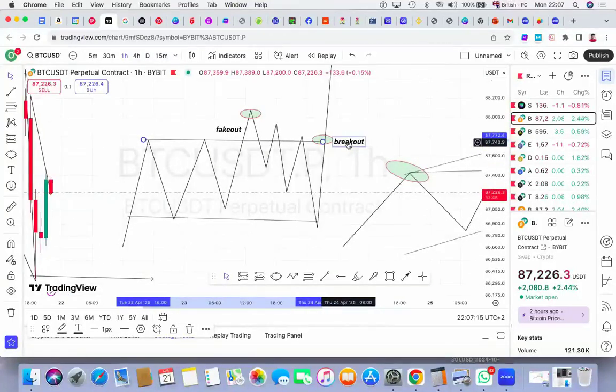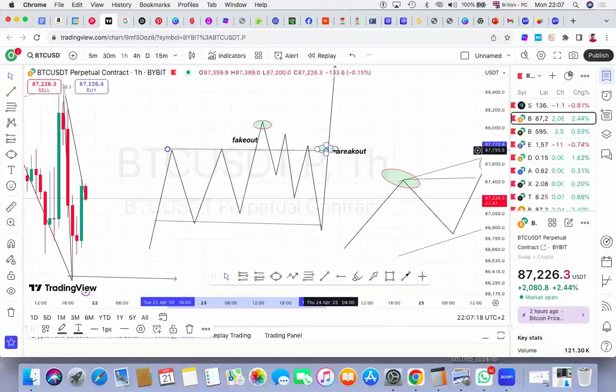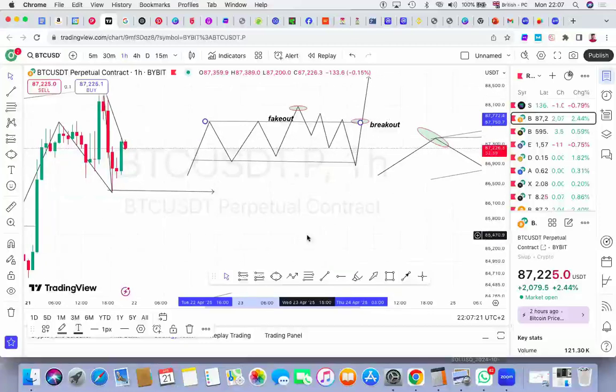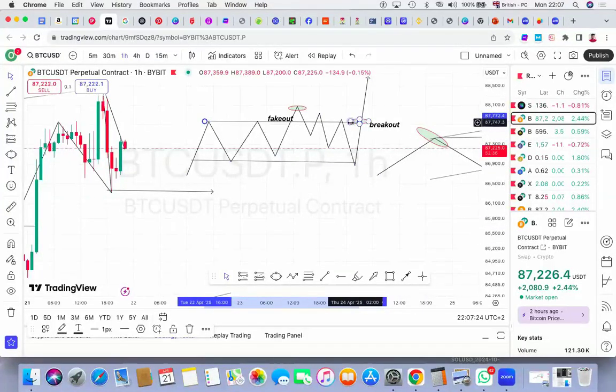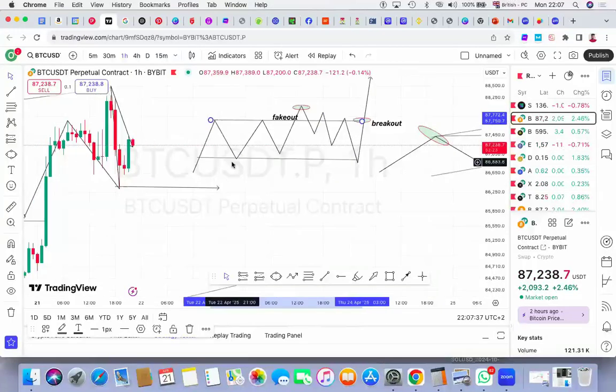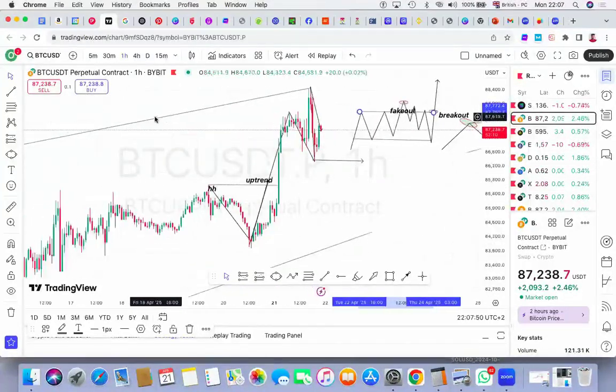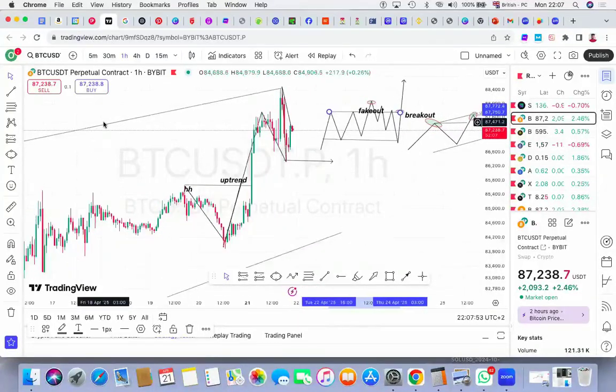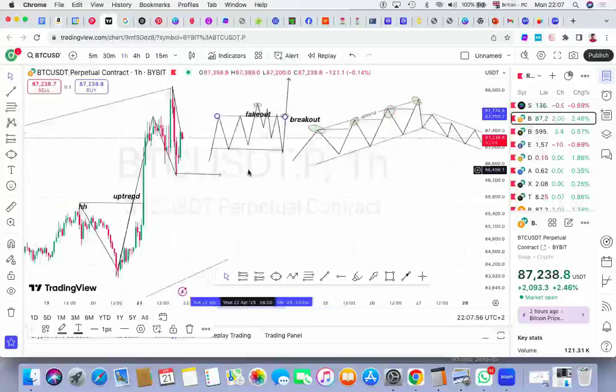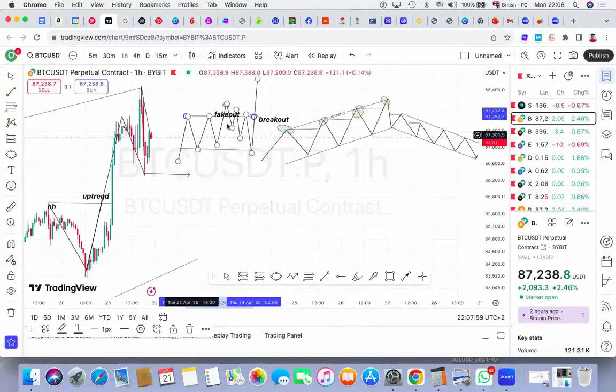Your good entry would be waiting for the market to do this, and then wait for it to come back to this previous support level, sorry, rather your resistance level, and then you take a trade. This is for the bullish scenario.